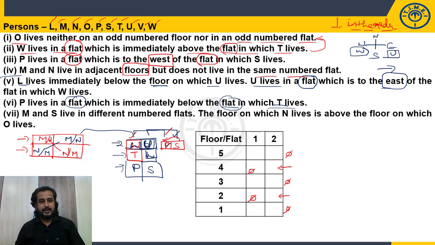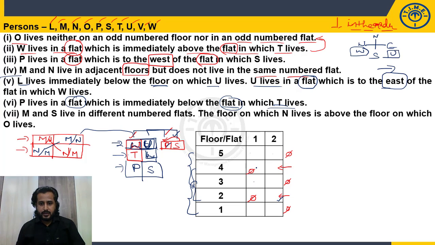Can we fix it? Let's check it once. W, U. We need 3 consecutive floors, right? So 5, 4, 3; 4, 3, 2; 3, 2, 1 we require for W, T, P, right? 5, 4, 3. Yes, it is possible. No issue. 4, 3, 2.